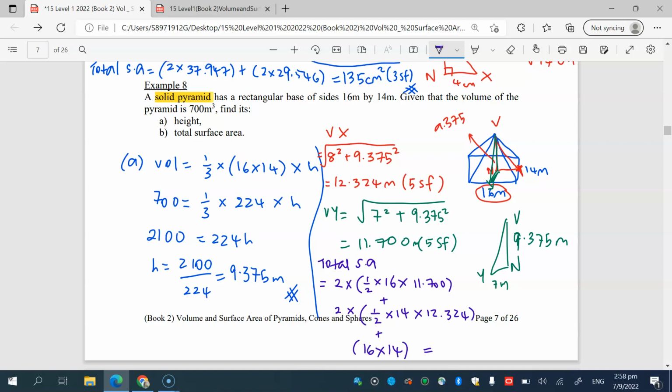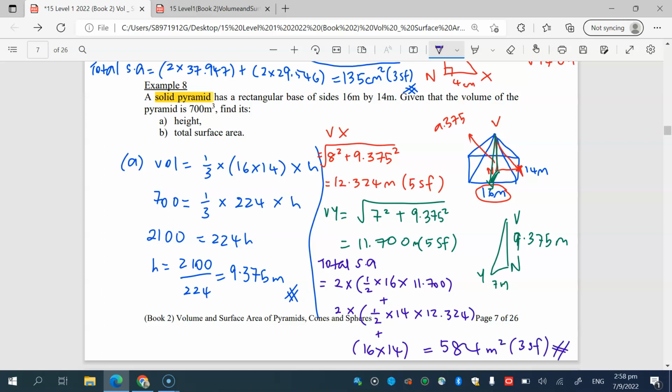Woo, that's a lot. All right, okay, let's press calculator. You should get 583.7 something something something, right? So final answer is just 584 meters square to 3 SF.